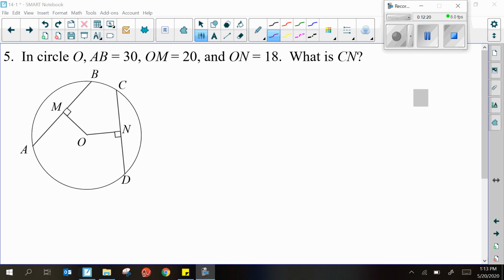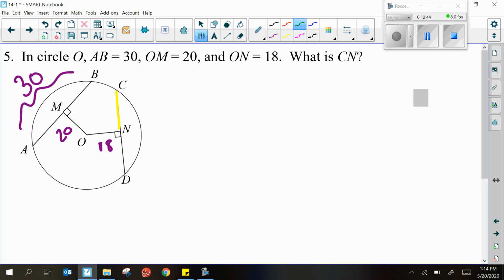All right, next we have in circle O, AB is 30. So this is all 30. And OM is 20, obviously not drawn to scale. And ON is 18. What is CN? So I'm looking for this piece in yellow right here.